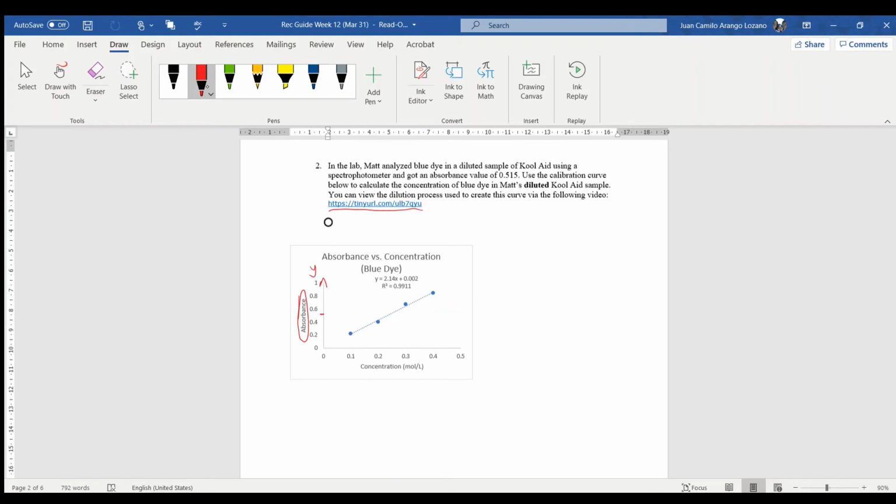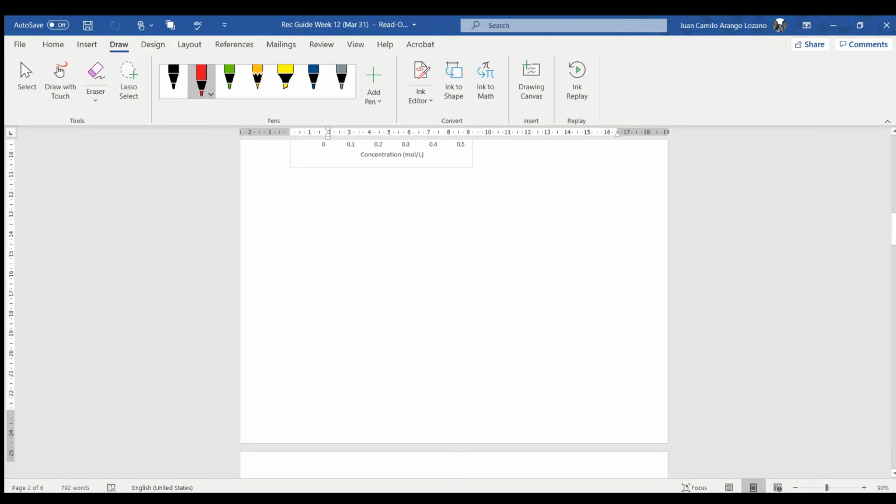So if I extend this line throughout the whole axis, I will get approximately my concentration for that dye, so let's say that this is the dye concentration, is going to equal 0.24. I guess that's what it says in the solution area. Anyways, it's really close to that. Molar. Because remember that moles over liters equals molar. So that should be the concentration you should get in the end.